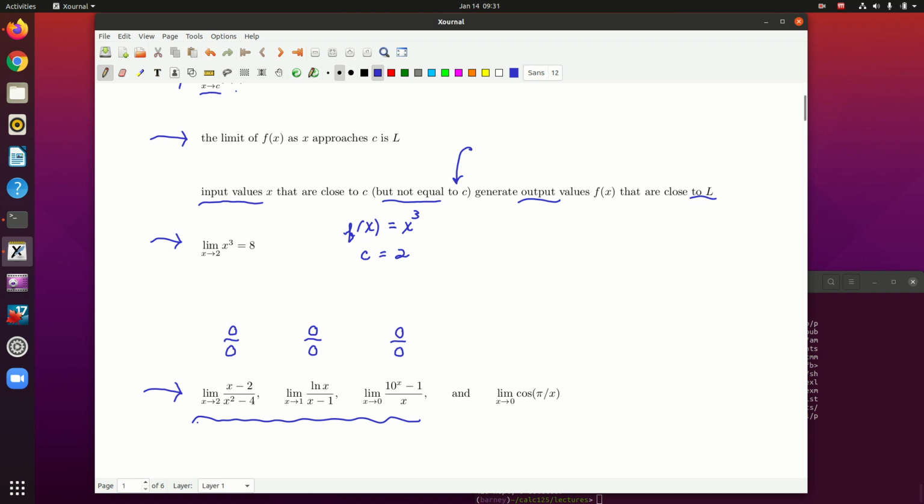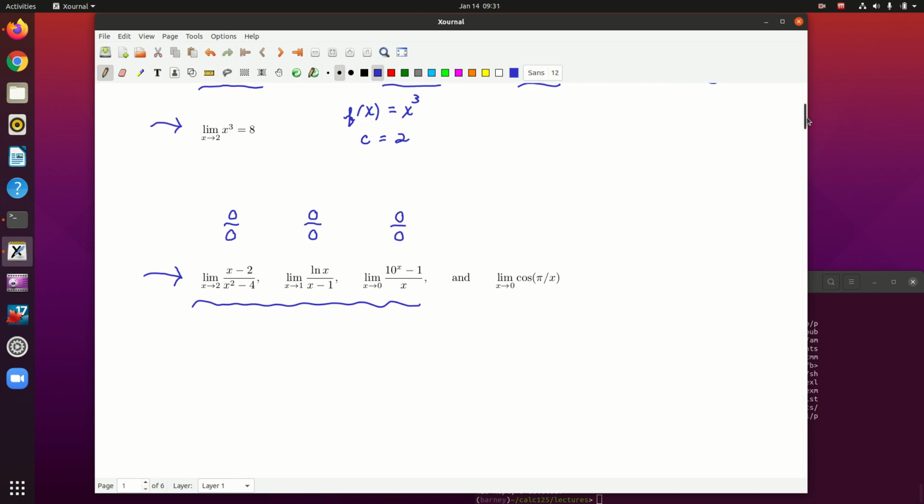When calculus was discovered, it was looking at all these ratios of 0 over 0, and what the heck does that mean? Well, one option for some of these is to use some algebra. So if we go to this first one and we do some factoring, again, this is the algebra type of stuff that I'm talking about.